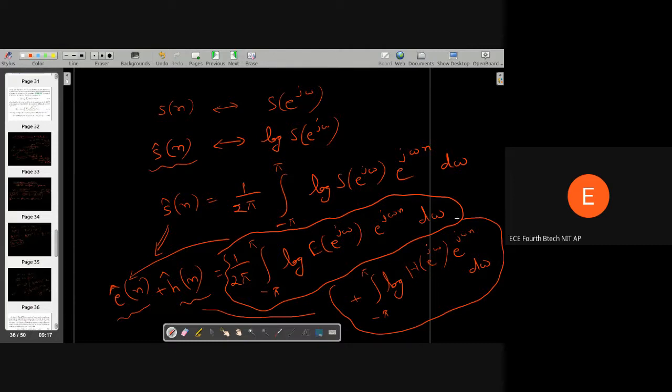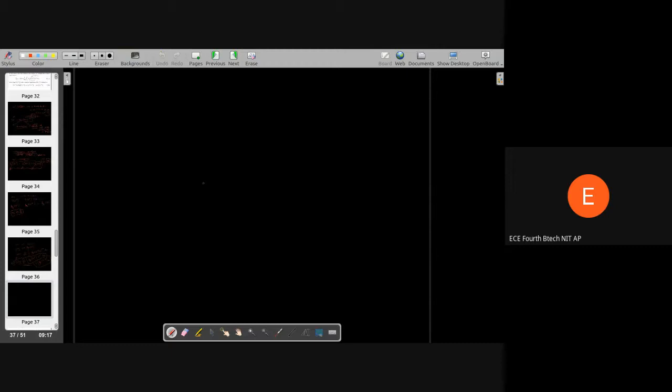So now if you get S hat n from log of S e to the power j omega, it's basically E hat n plus H hat n.